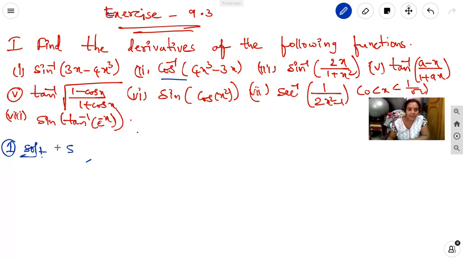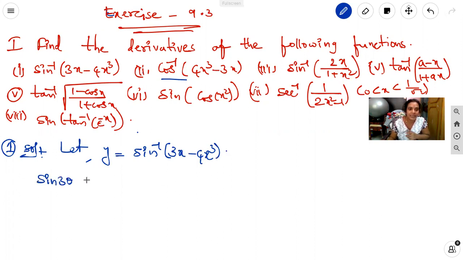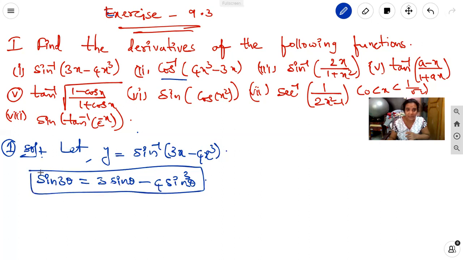Let y equal to sine inverse of 3x minus 4x cube. If we recall the sine 3 theta formula, sine 3 theta equal to 3 sine theta minus 4 sine cube theta. This is the sine 3 theta formula.